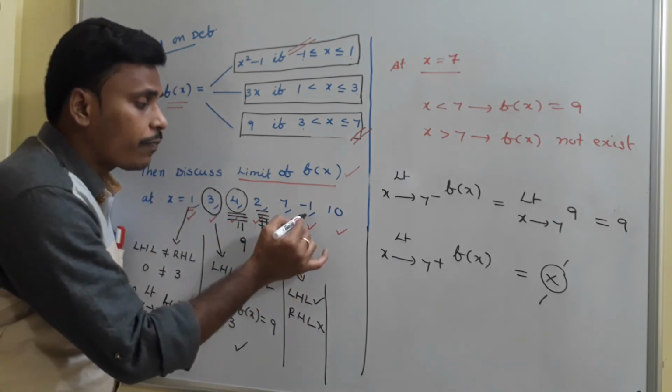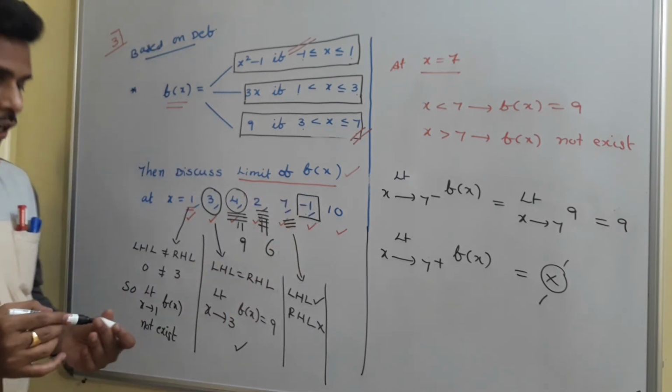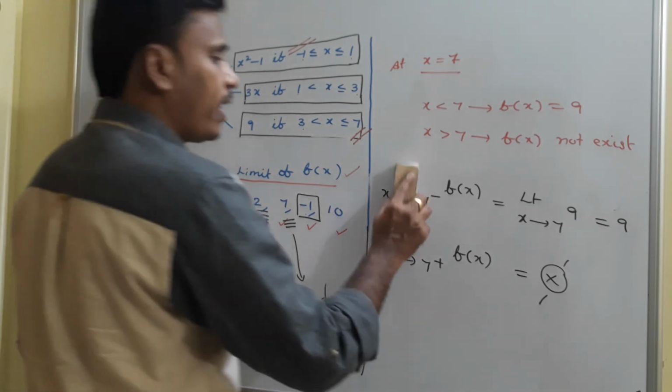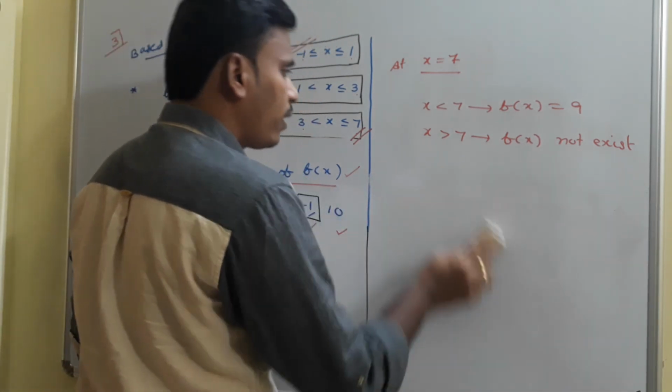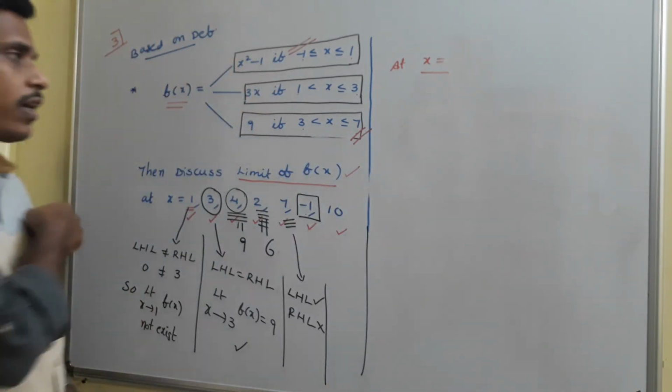In the same way, I mentioned x equals minus 1 here. We need to discuss the limit of the function f of x at x equals minus 1. Minus 1 is also an extreme point of the given definition.